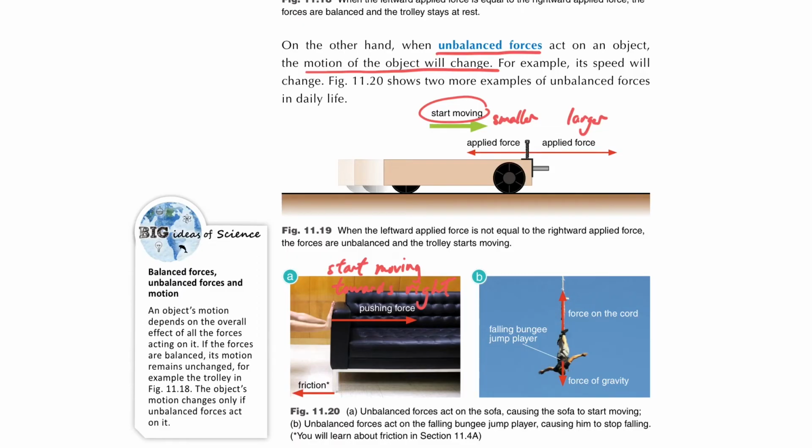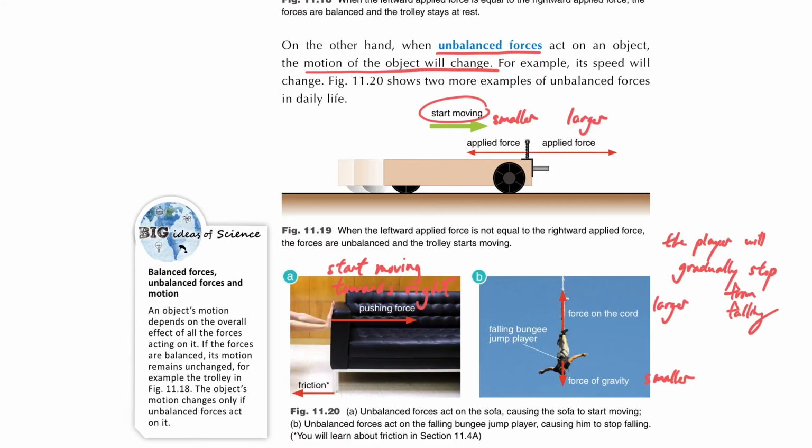And for figure B, when someone is bungee jumping, if the force acting on the cord is larger than the force of gravity pulling the person downward, then we can imagine the person who is flying downward will gradually stop because of the greater unbalanced force pulling up.